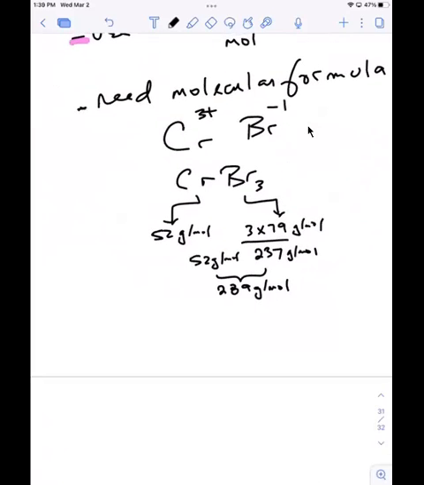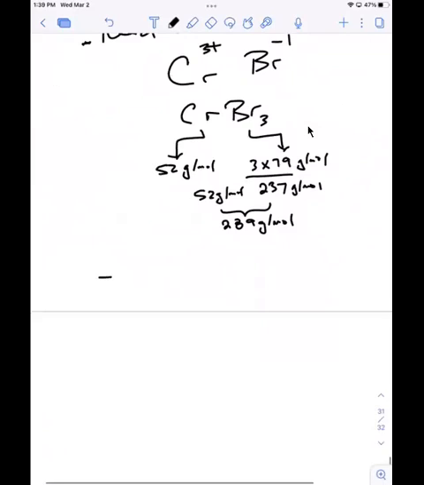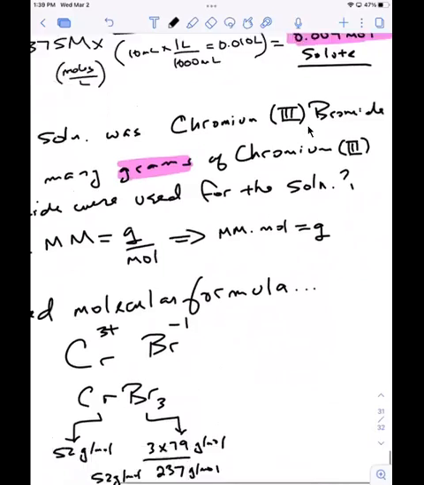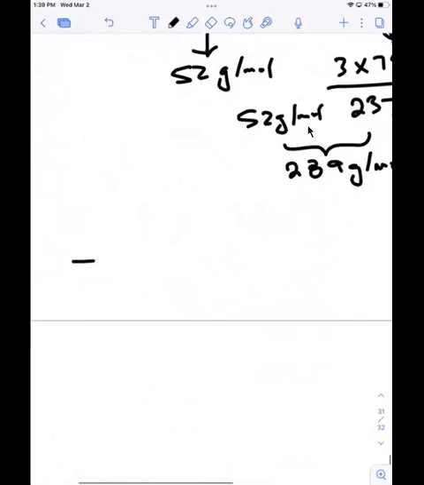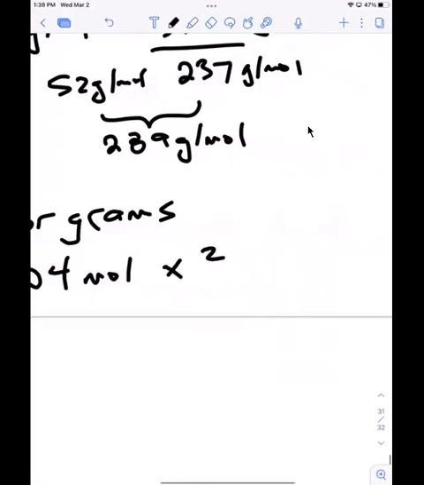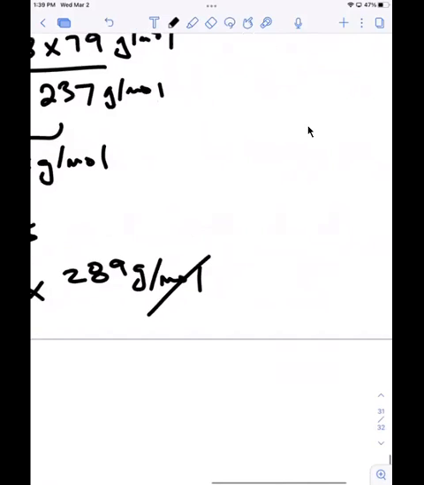We can solve this. So now we can just take the number of moles up top, which was 0.004, which we already calculated. 0.004 moles times 289 grams per mole. Right, moles are going to cancel and we'll be left with grams as our unit.